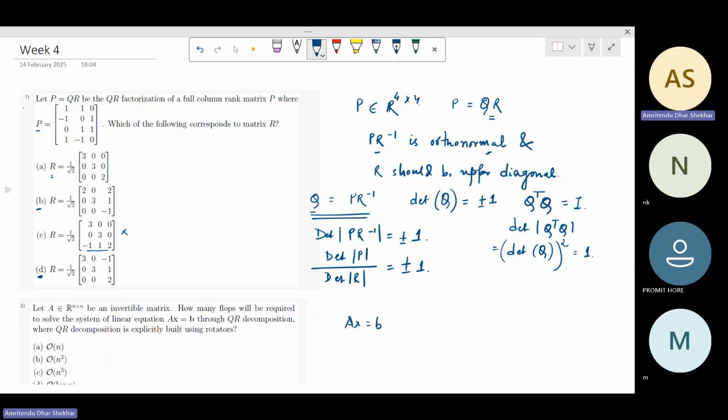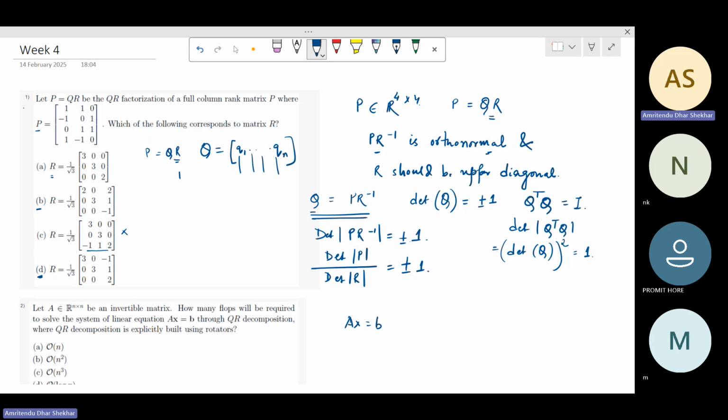What is the QR decomposition? You're writing a matrix P as Q times R. Now if you write this Q in this way, let's say Q1, Q2 up to Qn, these are actually column vectors, right?